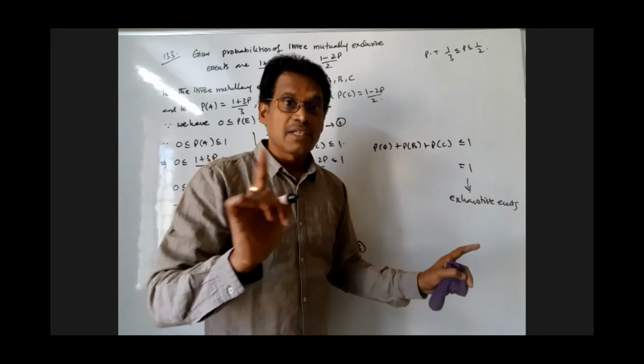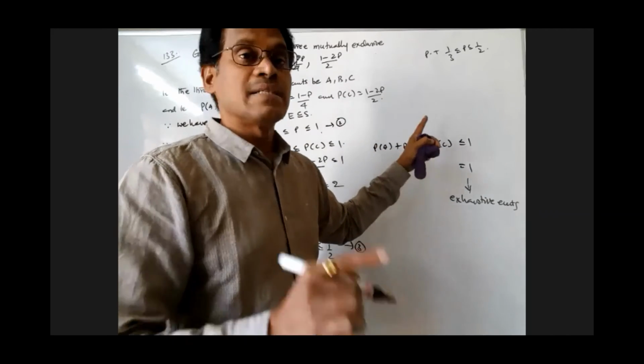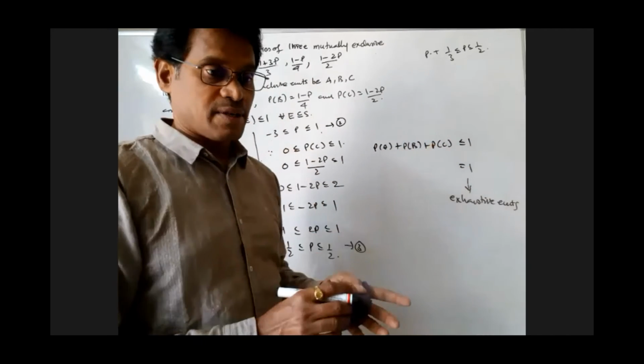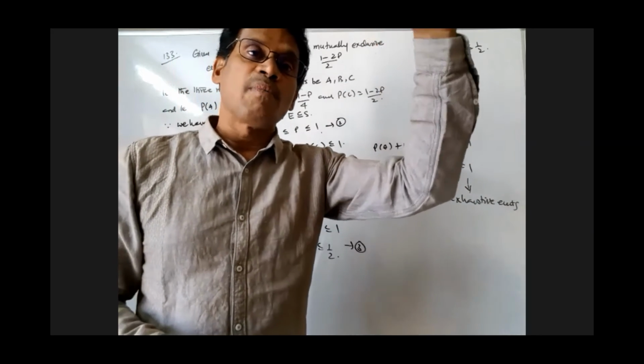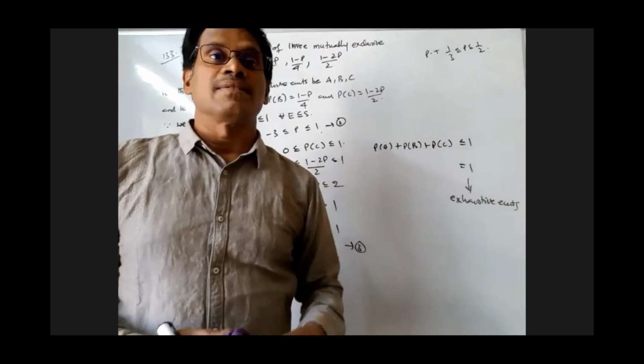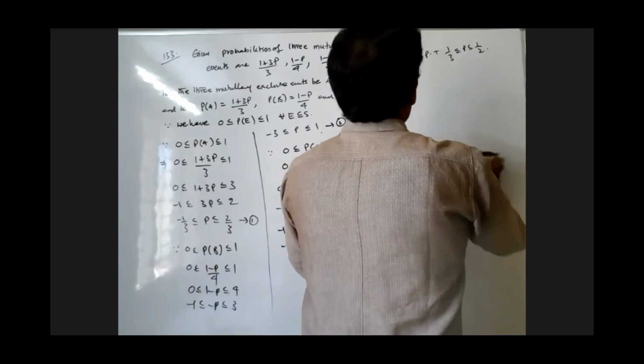But they didn't give exhaustive events. That is the reason I have to go with probability of A plus probability of B plus probability of C less than or equal to 1. Clearly understood, my dears? From that we get another inequality. Then you have to take the common of all those 4 inequalities, and you'll get the final answer.